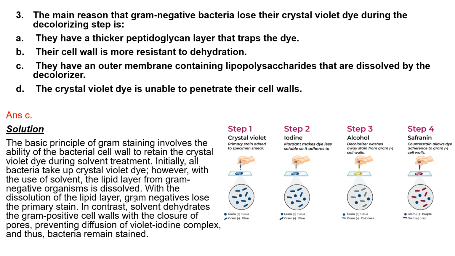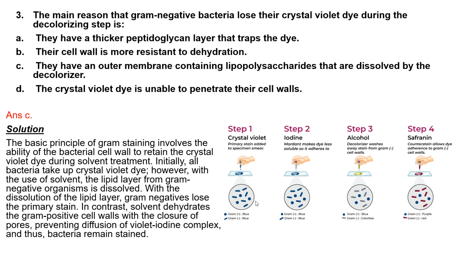Okay. Because the lipopolysaccharide layer, or the outer membrane, is present outside the peptidoglycan layer in gram-negative bacteria, when you dip your glass slide containing the smear into the alcohol, once this lipopolysaccharide layer gets dissolved, the dye also gets washed away.